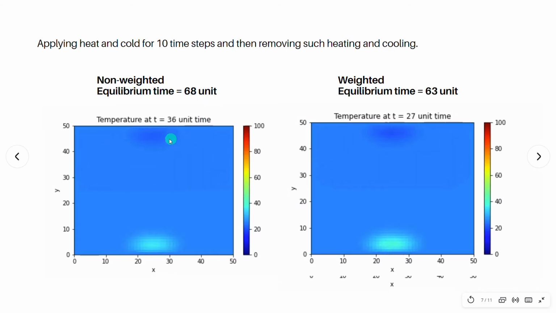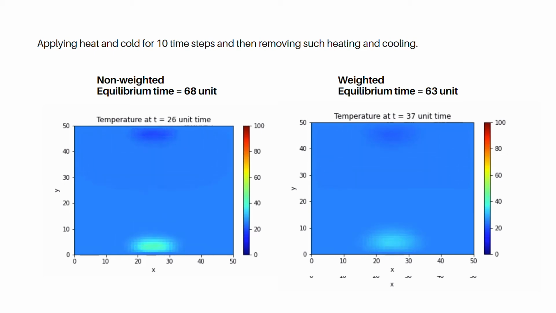Further, we have added some more variations to this. Now, the hot sites and cold sites are on for 10 time unit steps initially, and then they are turned off. And now we try to find at what time the equilibrium will be reached.